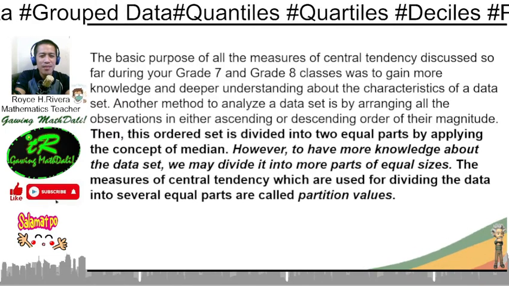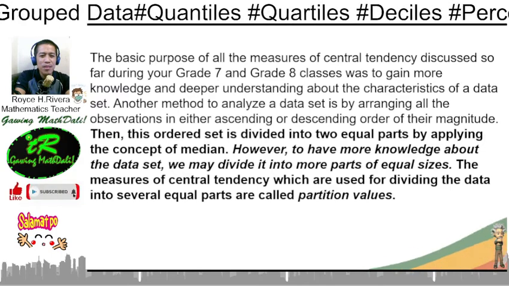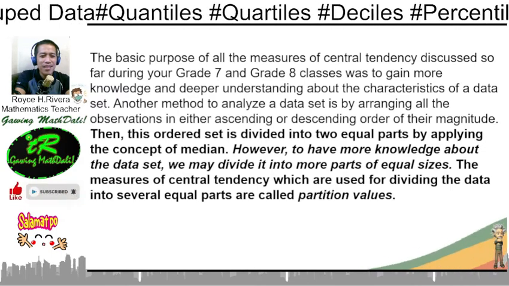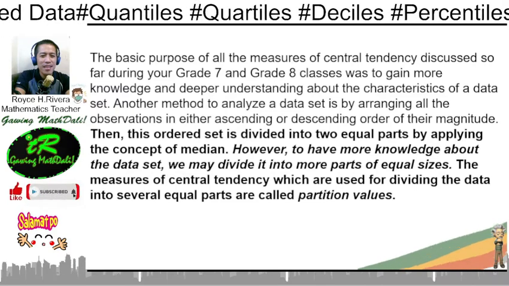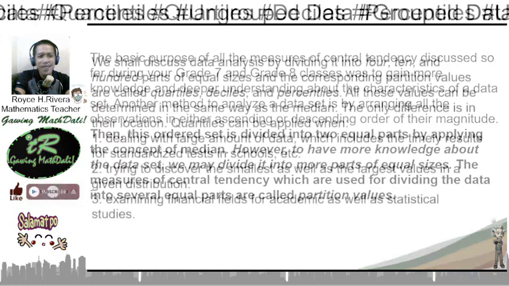However, to have more knowledge about the dataset, we may divide it into more parts of equal sizes. The measures of central tendency, which are used for dividing the data into several equal parts, are called partition values.